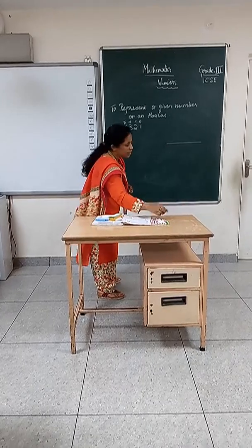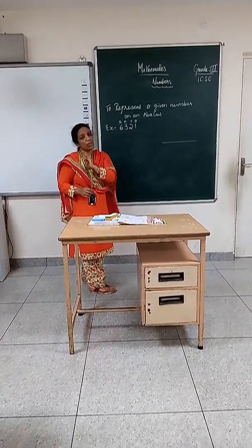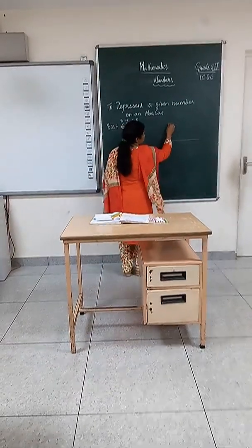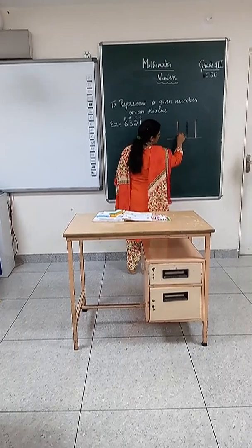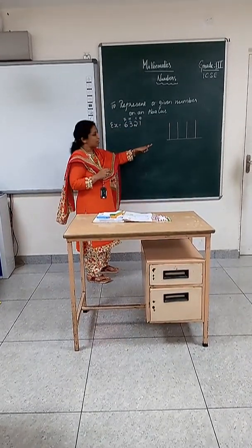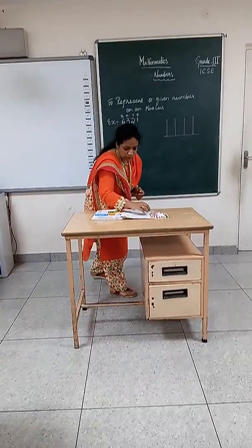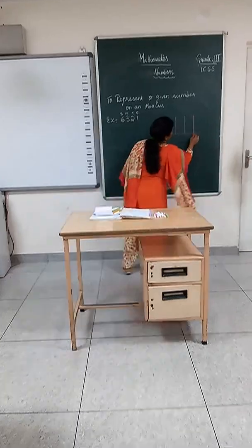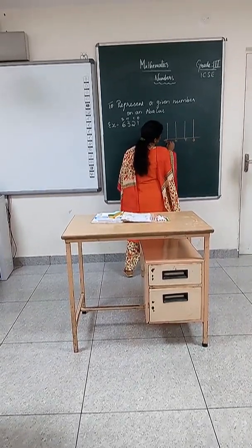Depending on the number of digits, we need to draw that many columns. So let us draw that: 1, 2, 3, 4. Since we have 4 digits here, you need to draw 4 columns. Then below this I am going to write ones, tens, hundreds and thousands.